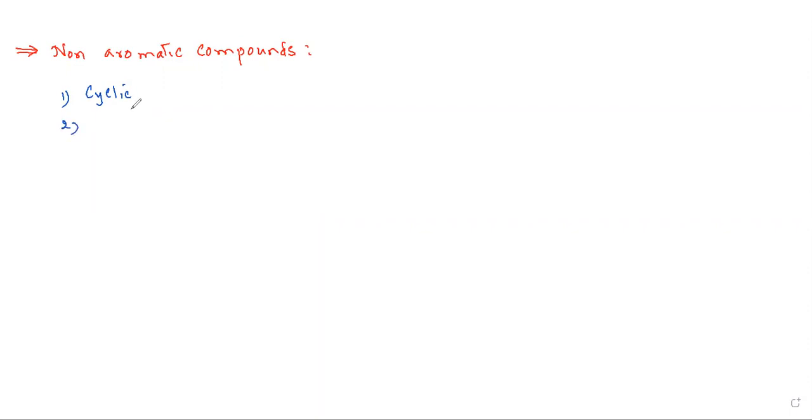In just one word, I can say that if any one condition of aromatic or anti-aromatic is not followed, then we say that it is a non-aromatic compound. But generally, this is where the problem lies. See, these are non-planar, and these need not be fully conjugated. I mean, conjugation may extend to a lesser distance.